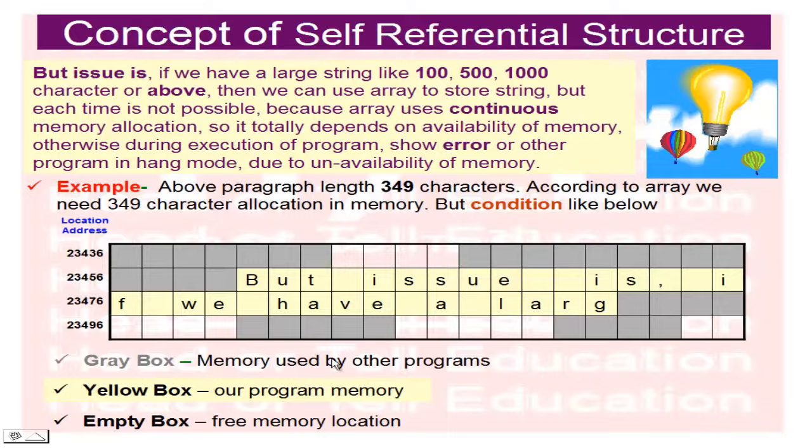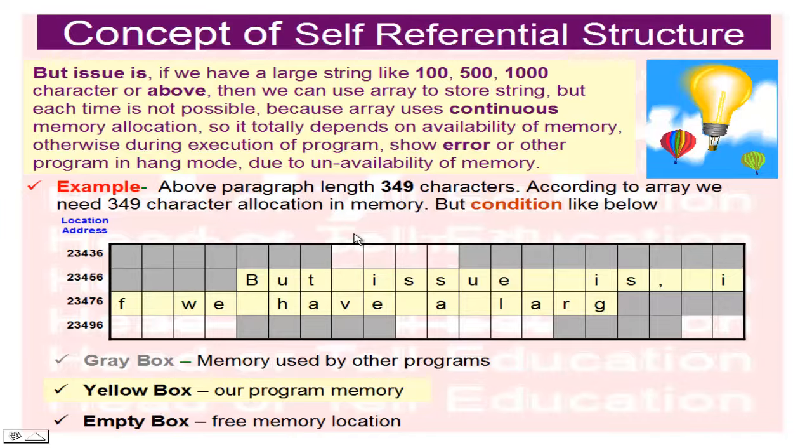Maybe some other programs are running on our computer, so all the gray boxes use memory, and only a few empty boxes are available. Now I have assigned this paragraph to the array, but the memory is not fully allocated for this. So this is the problem.